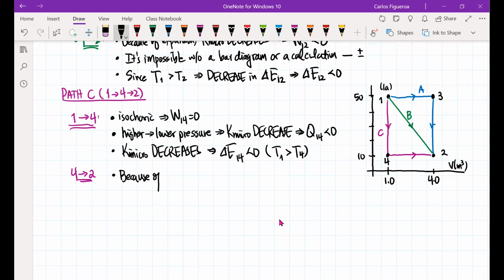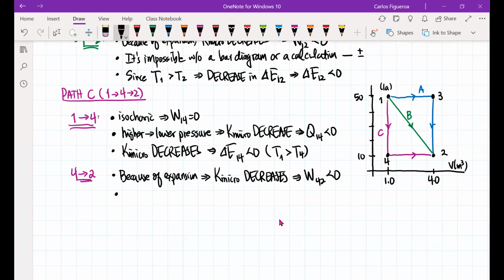Because of expansion, the gas molecules have to give up their energy. So therefore, K micro decreases. And if it decreases, that means then that the work from 4 to 2 is negative.